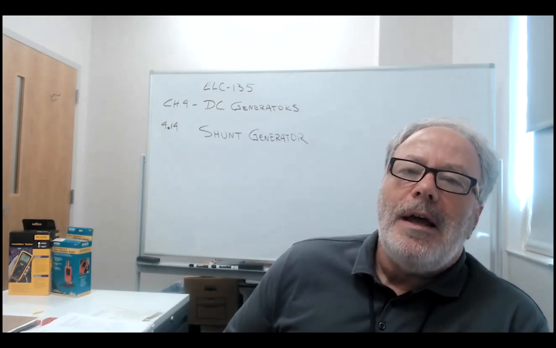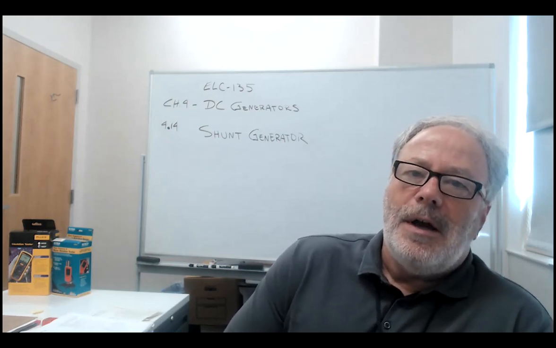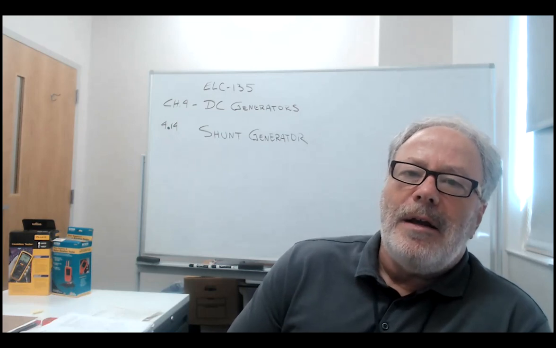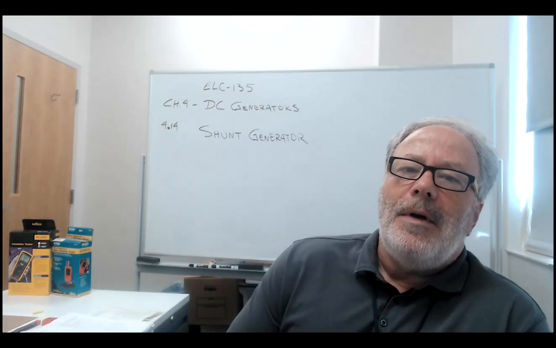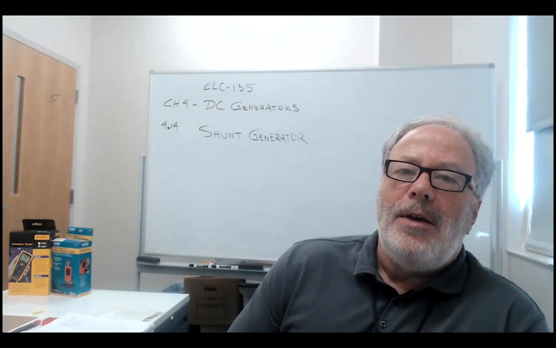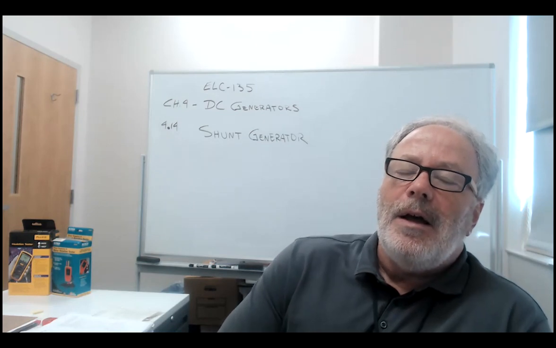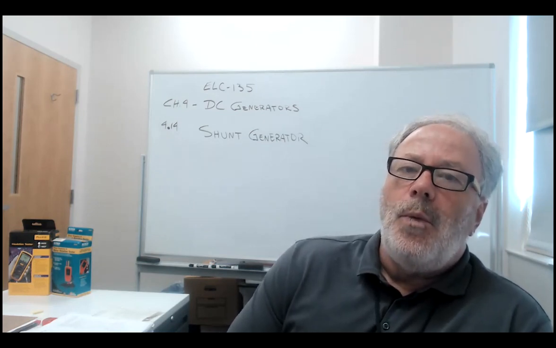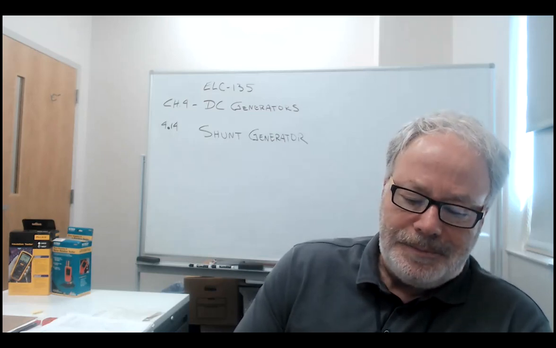Most of that is in regard to how the field is connected, the field that supplies the magnetic flux to the machine. We're going to see that different types of connection for the field circuits will give us different output characteristics for the machine.